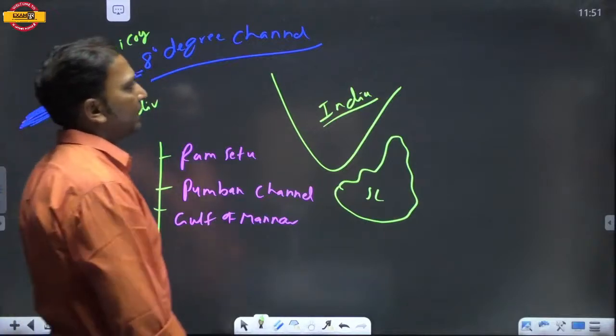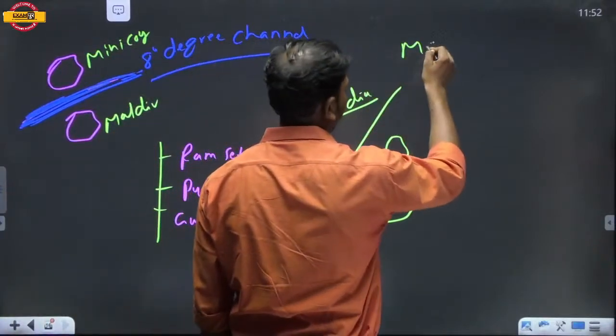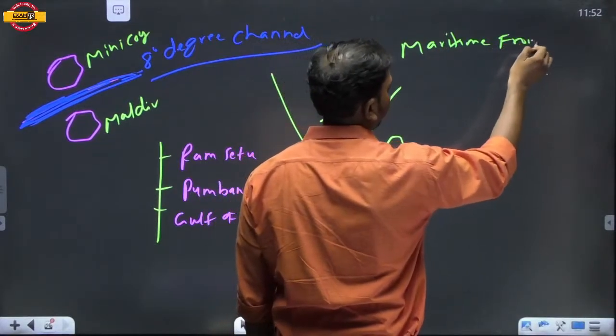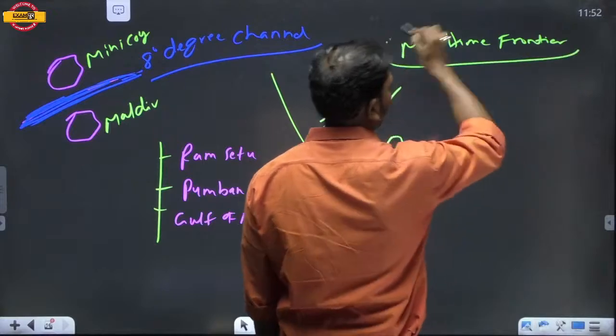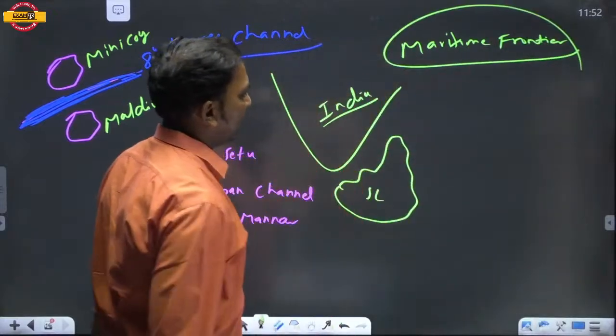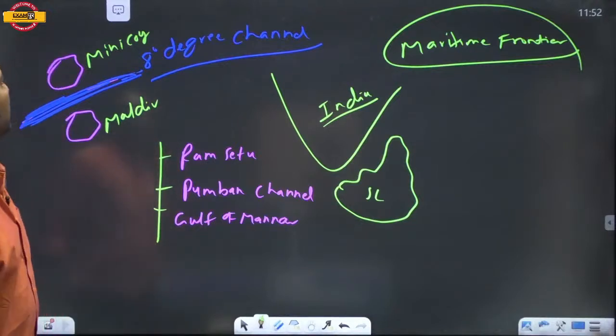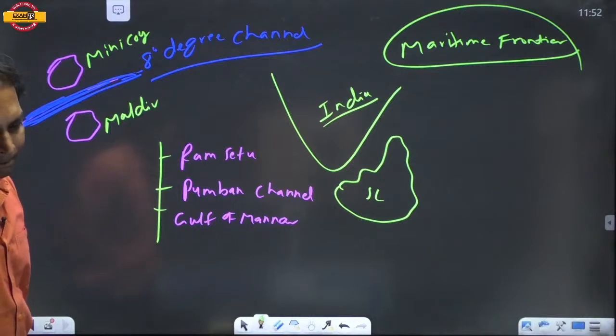So these are the maritime frontiers: how Sri Lanka is separated from India, and how the Maldives is separated from India.